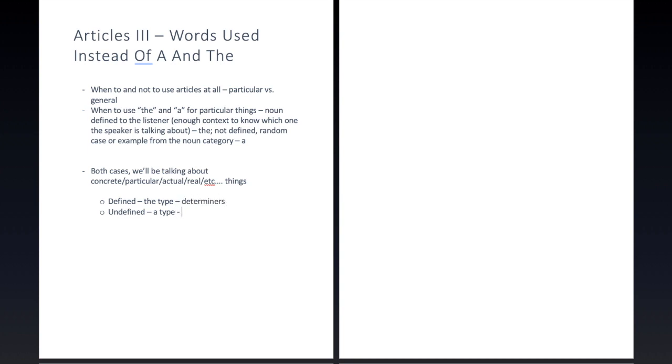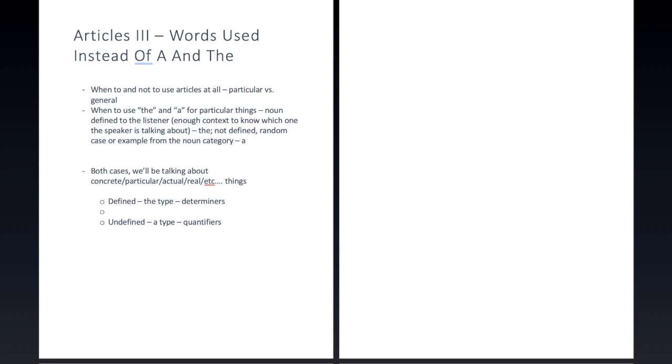It's just the grammatical term for them. And these undefined types are going to be quantifiers. And the words themselves have kind of meanings. Determiners tell you which one, and quantifiers give it a number.